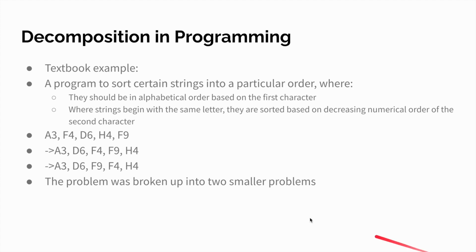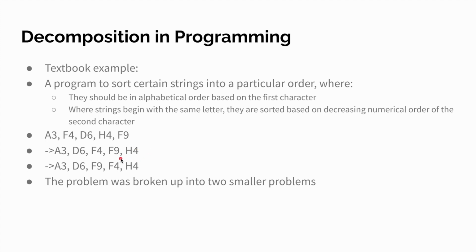So we can see here we start off with these 5 strings: A3, F4, D6, H4, and F9. We sort these first in alphabetical order. So we have A, D, F, and H.